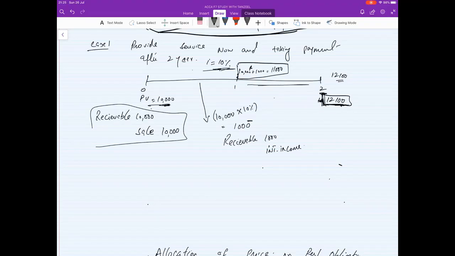When I give you the second year service, I will book the same entry again. The receivable was 11,000 before.